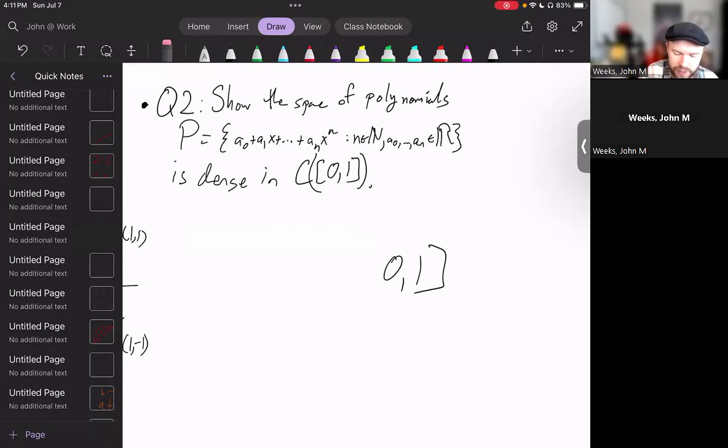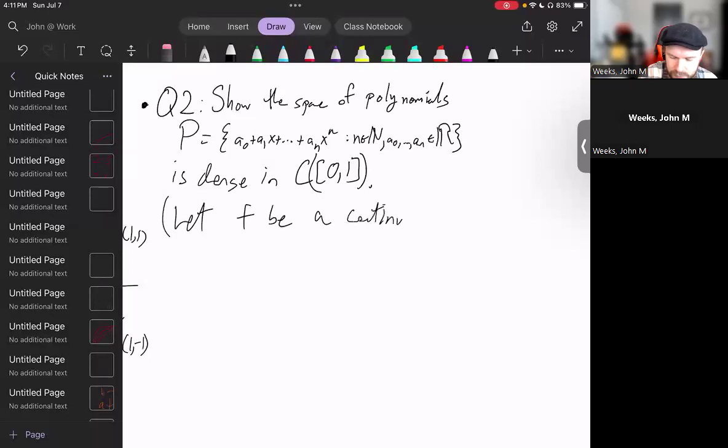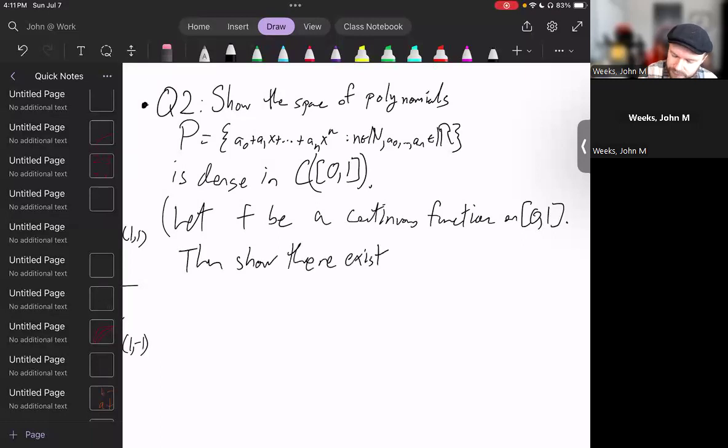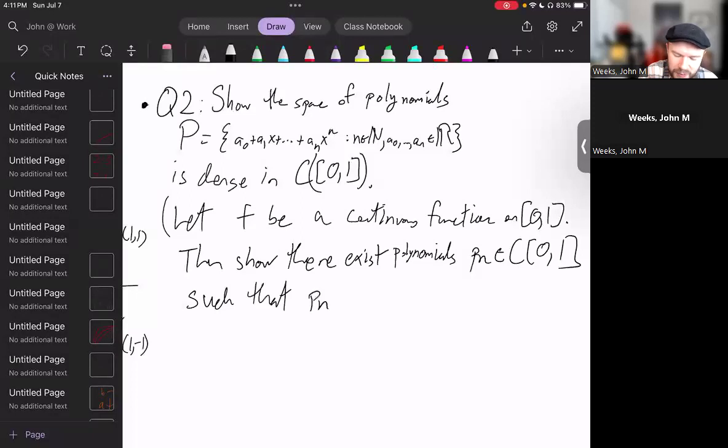Another way that this question could have been rewritten is this. Let f be a continuous function on 0 to 1. Then show there exist polynomials P sub n, which are also going to be defined on 0 to 1, such that the polynomials P sub n uniformly converge to your function f.